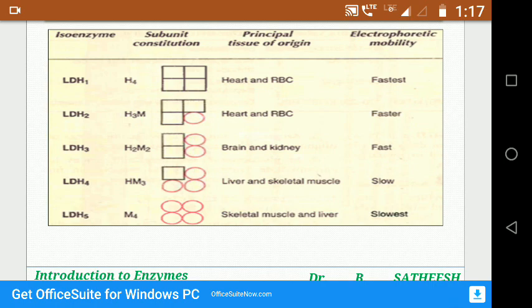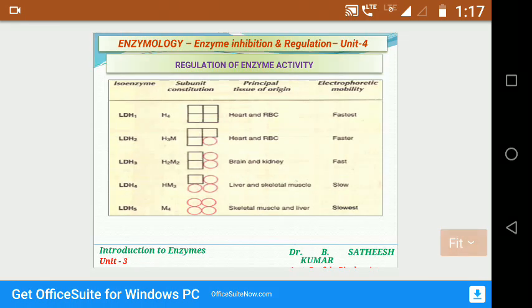That is why we find LDH5 in skeletal muscle and liver. So based on the organ they are present in, they will have different subunit composition.